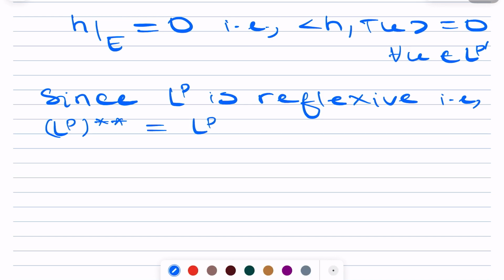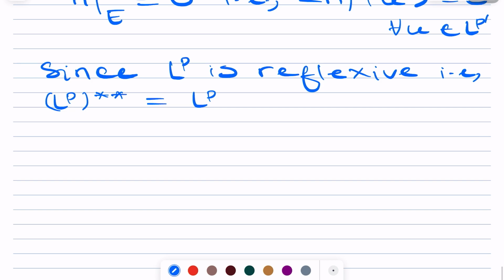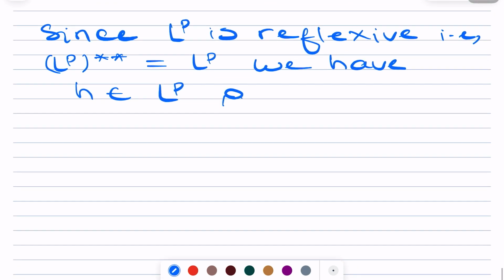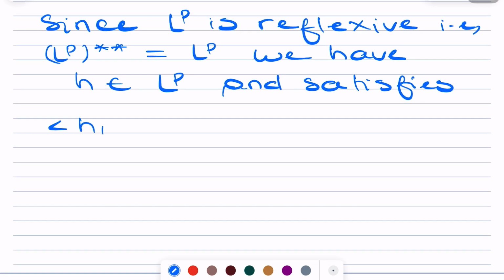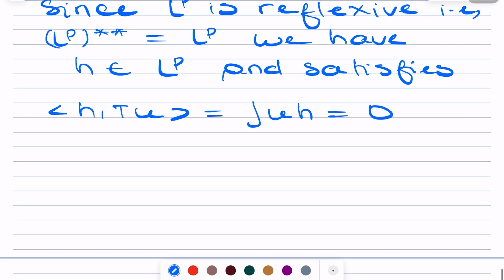So H is in LP and satisfies this dual pairing, which is defined to be the integral of UH, equal to 0, for every U in LP prime.